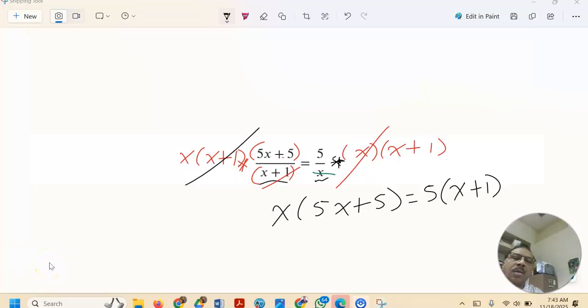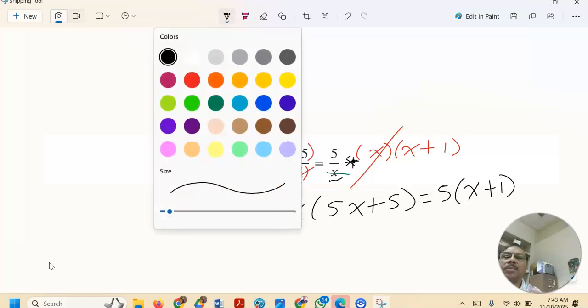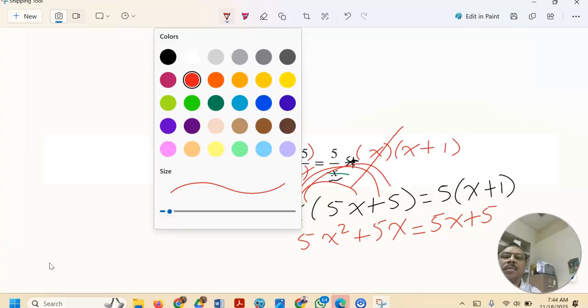Let's use the distributive property. Using the distributive property here, you get 5, and x times x is 5x squared, and x times this will be 5x, equals 5x plus 5. Now let's get everything on the left side.